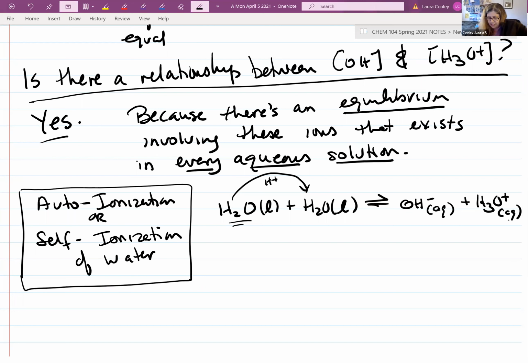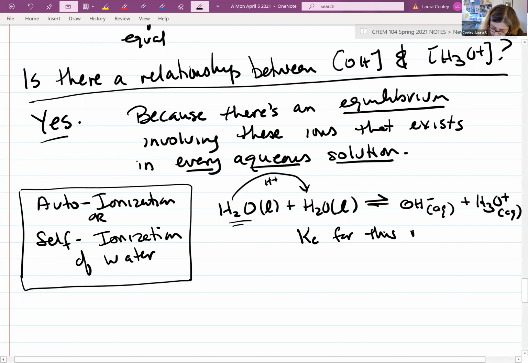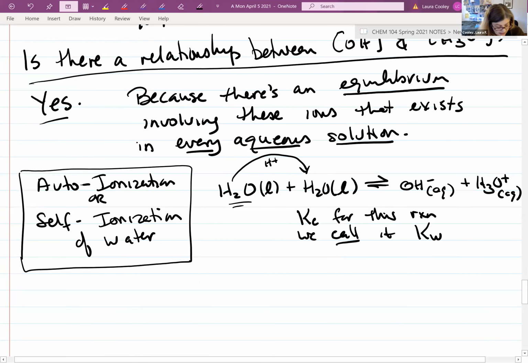But the kicker is that this equilibrium constant, Kc, for this reaction, first of all, we call it Kw. It's the self-ionization constant of water. And Kw is extremely tiny, 1 times 10 to a negative power.